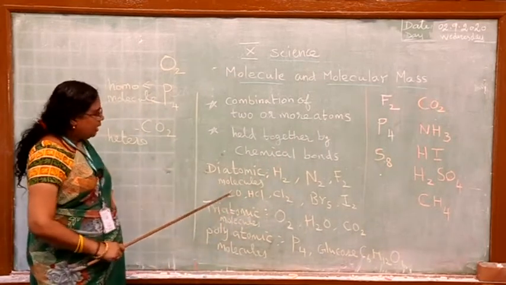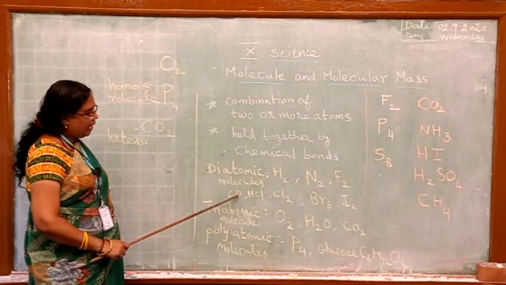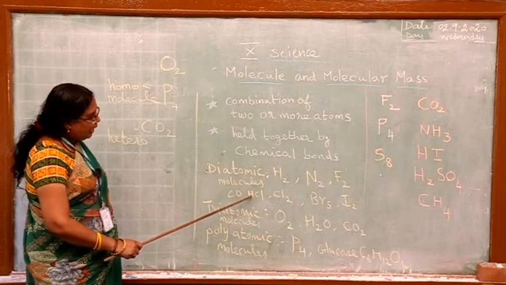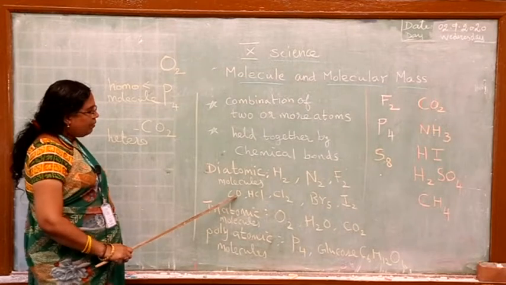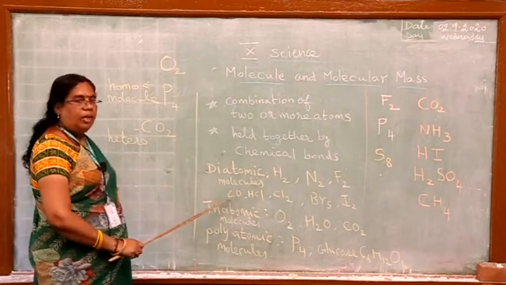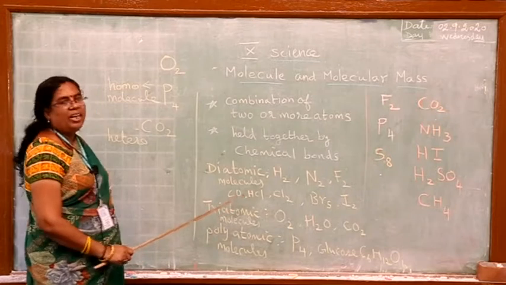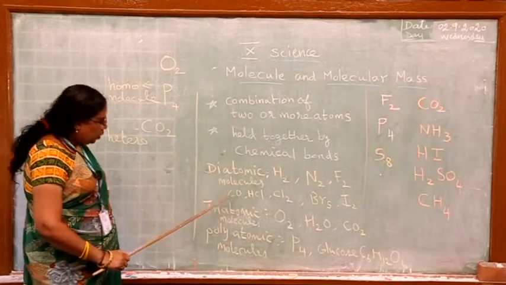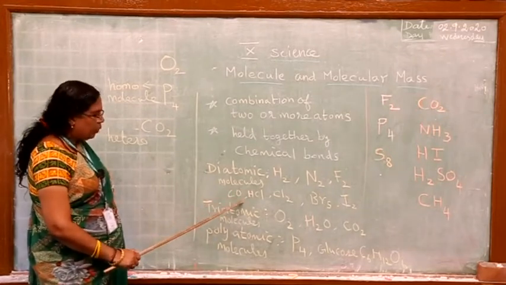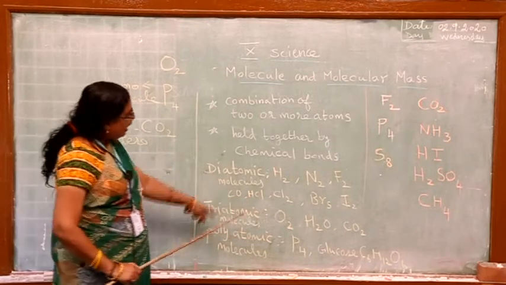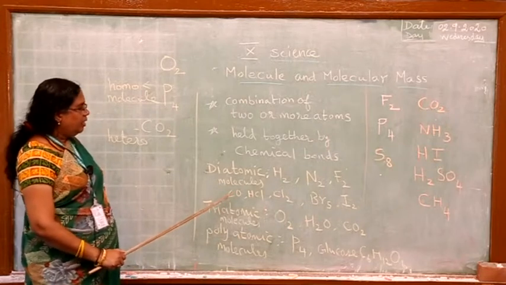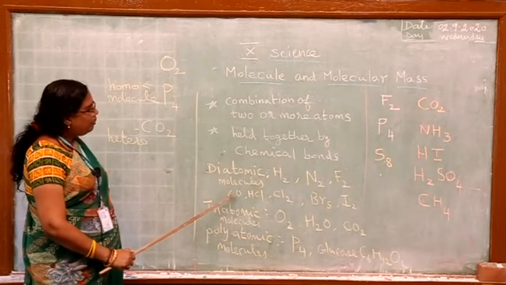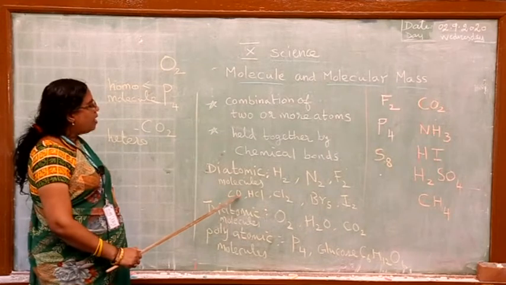Take this CO, carbon monoxide. HCl, hydrogen chloride. Can we call it a homo diatomic molecule? We cannot, because though it is a diatomic molecule, it contains atoms of different elements: one carbon atom and another oxygen atom.